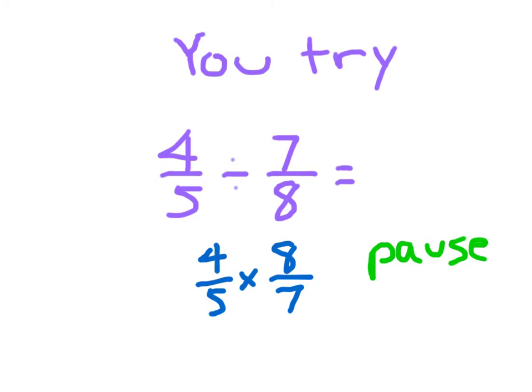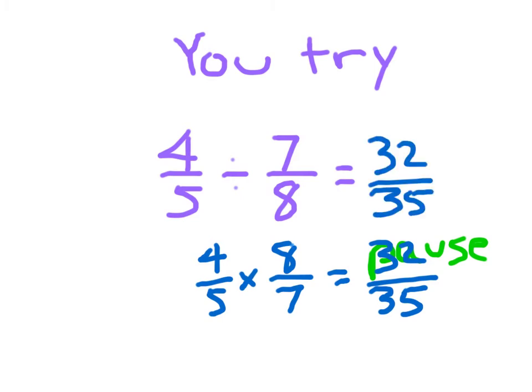So we have 4/5 times 8/7, which equals 32/35. And that there is in simplest form. That's your answer. So 4/5 divided by 7/8 equals 32/35.